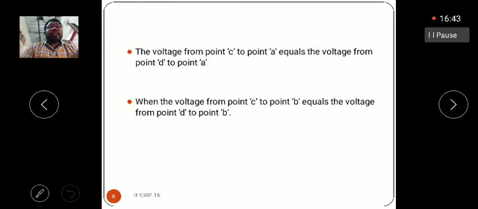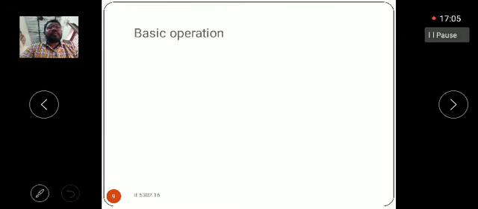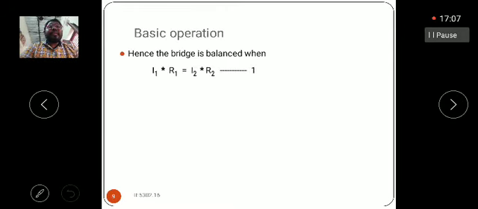Then the voltage from point C to point A equals the voltage from point D to point A, because the current is distributed across the two resistors only. Likewise, the voltage from point C to point B equals the voltage from point D to point B. Hence the bridge is balanced.